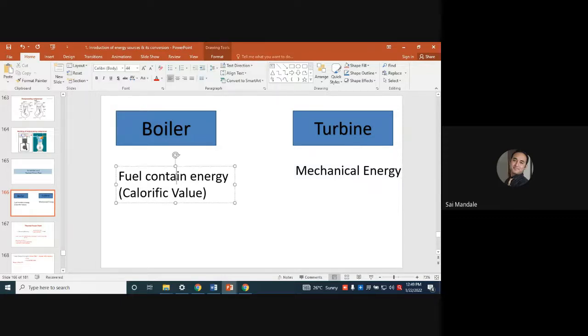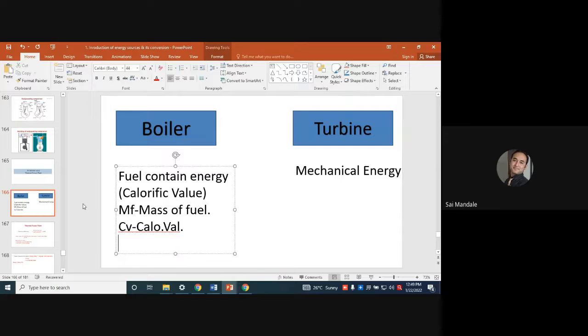So talking about this fuel, say I'm representing MF as the mass of fuel, and I'm representing CV as its calorific value.